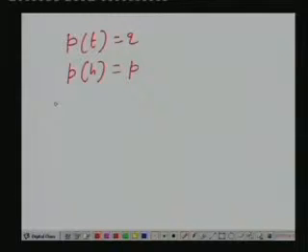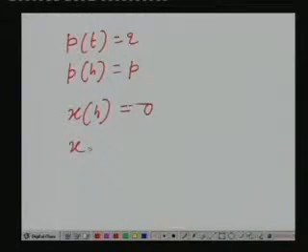So we have got just two experimental outcomes here, T and H. Now, suppose there is a random variable x which takes the value x(T) is 0 and x(H) is 1.